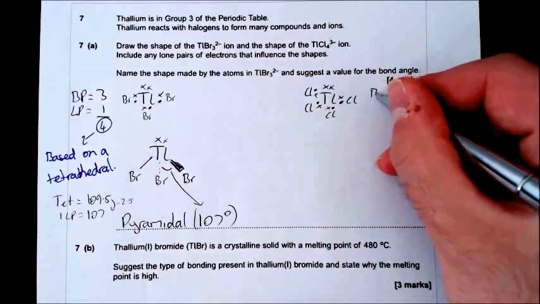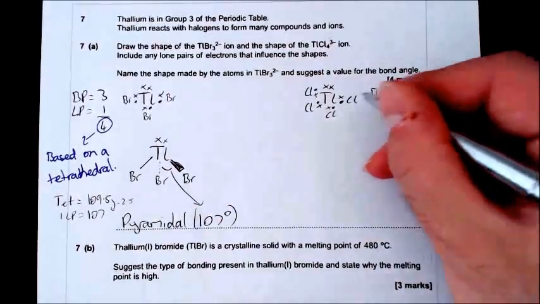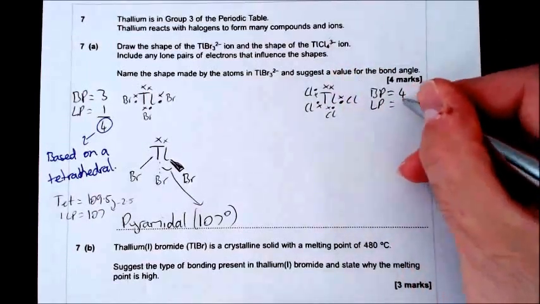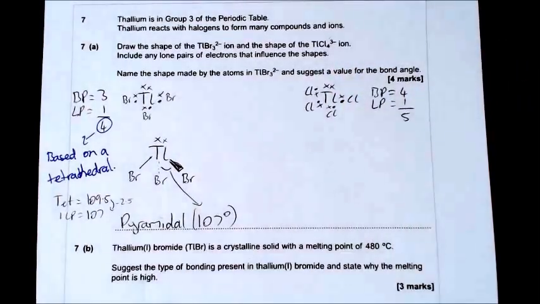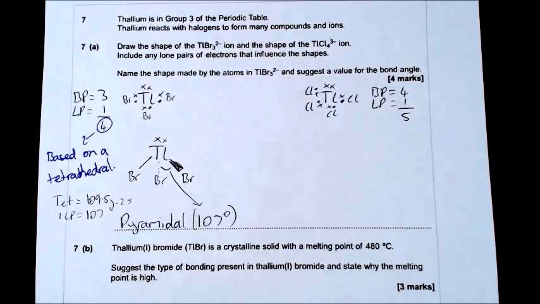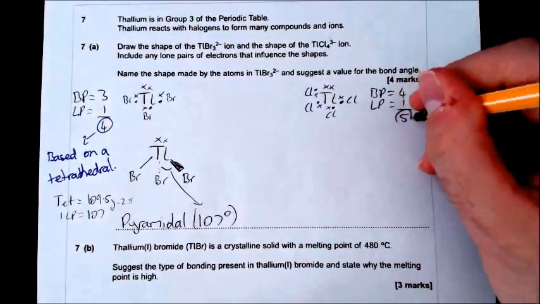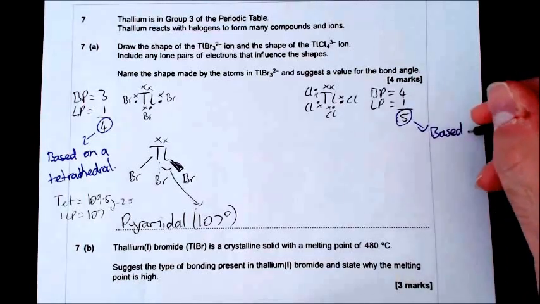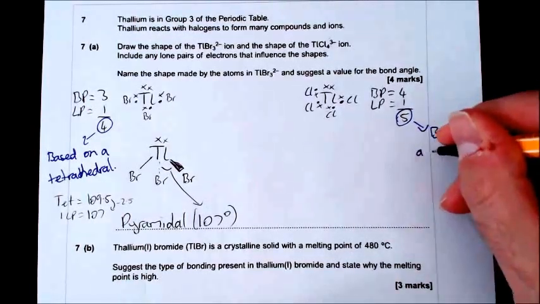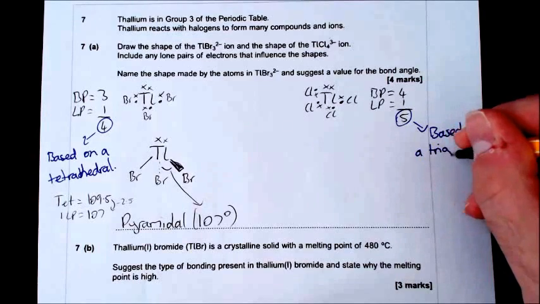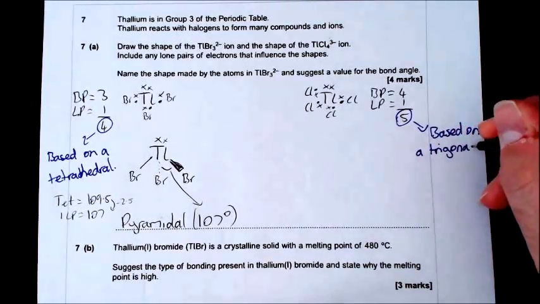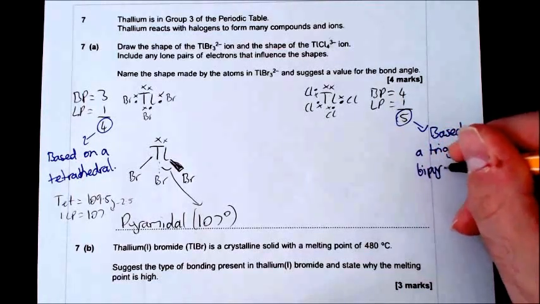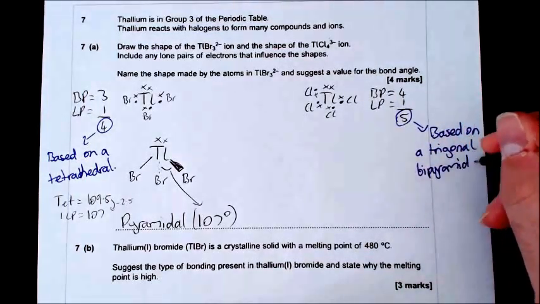So if we do our little sum over here, bond pair equals 4. Lone pair, as you can see, we've only got 1 of them, so that's 1. So this is 5. And what this means is that our shape is actually based on a trigonal bipyramidal shape.